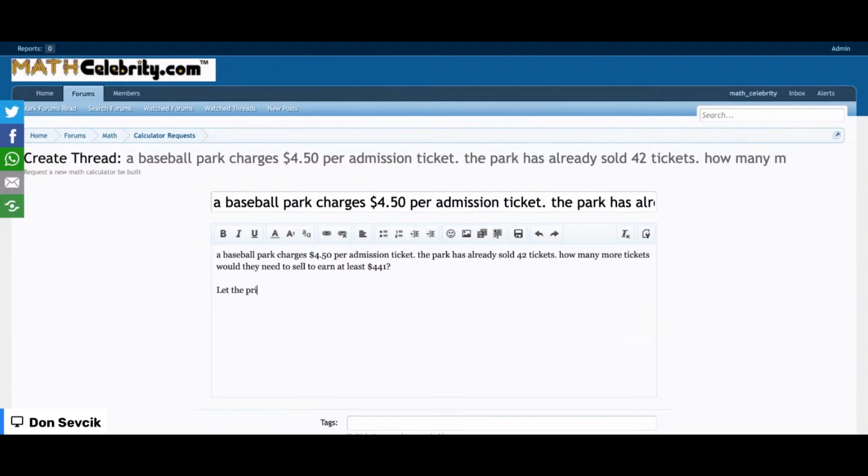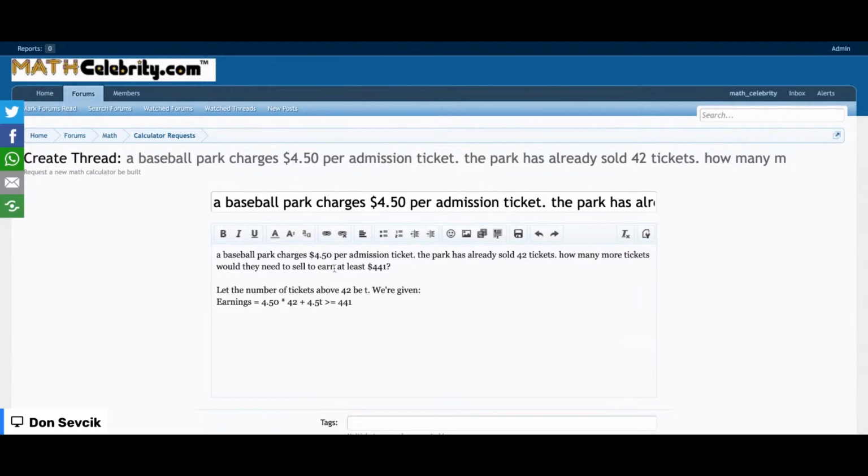Let the number of tickets above 42 be T. We're given earnings equal 4.50 times 42 tickets that have already been sold, plus 4.50T is greater than or equal to 441.